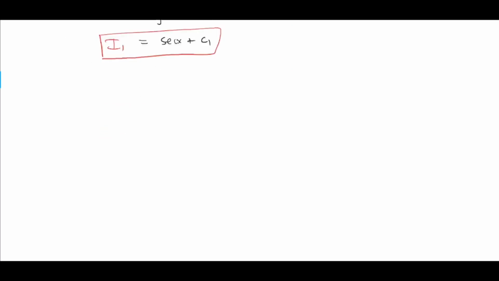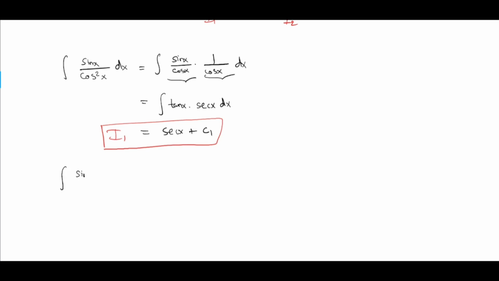Coming to our I2 part, the integral of sin square x by cos square x dx equals, this is nothing but sin by cos, which is tan, and there's a square, so tan square x dx. We don't have a straight formula for this, so we use the identity secant square x minus tan square x equals 1.